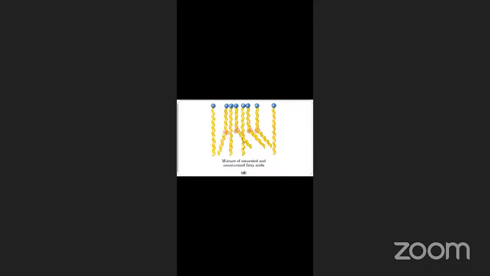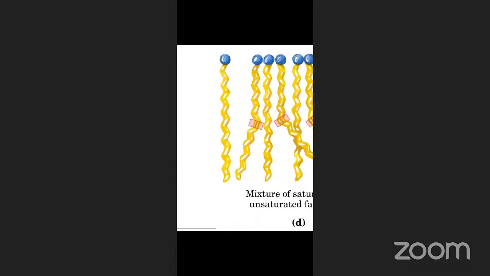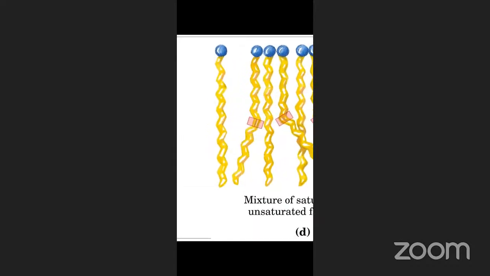And you can see in this image, it is a mixture of saturated and unsaturated fatty acids. Here is a big difference. The first chain, whatever is there, is a saturated fatty acid. You might be surprised how I am telling just by looking, since everything has a head, the round blue one is the head and the yellow one is the tail.